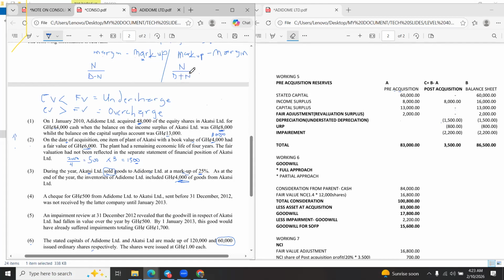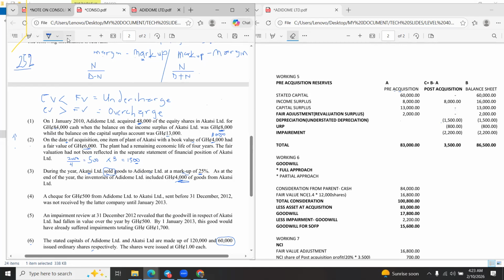Now, what do I mean by this numerator and denominator? You said markup of 25%, but it is on sold goods, so we need to convert the markup to a margin. What is 25 over 100 plus the 25? The 25% means 25 over 100.